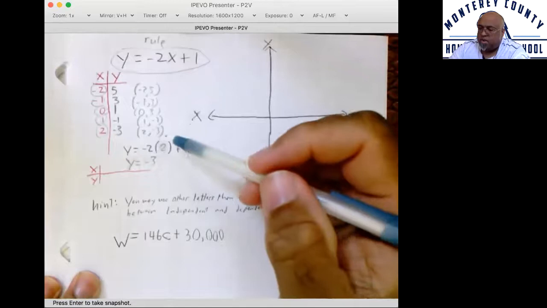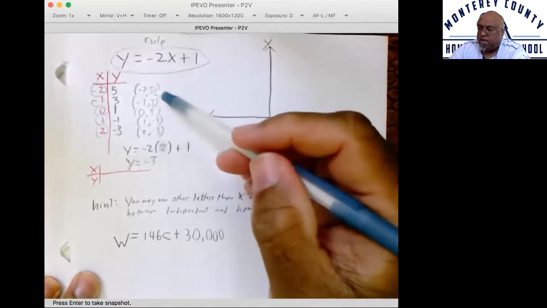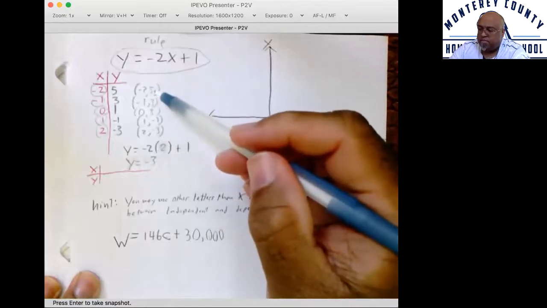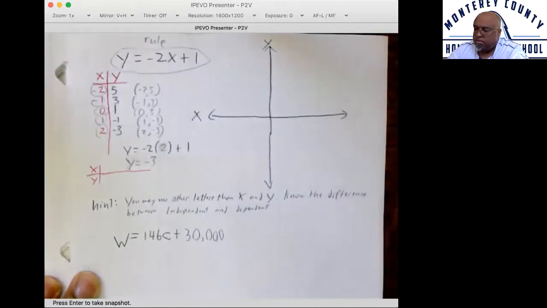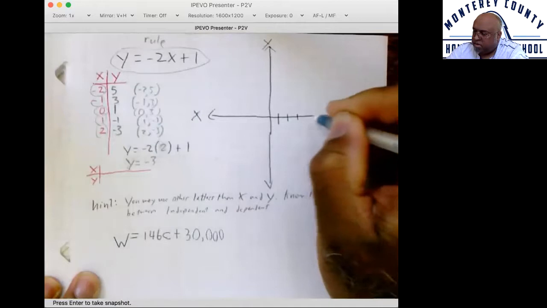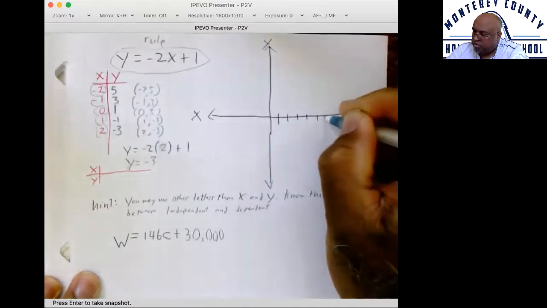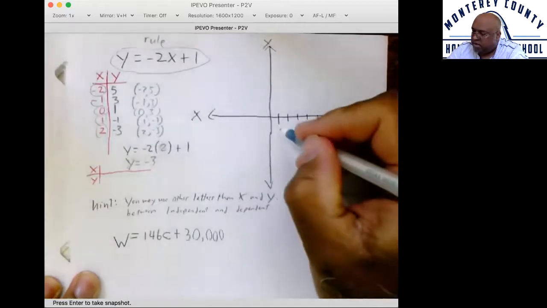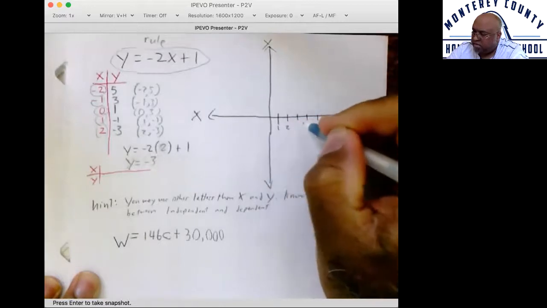What I mean by proper intervals is using numbers that are going to be able to graph your numbers here. As I can see, the highest number that I have is positive 5. So what that means is that my intervals should probably go at least as high as my highest number.